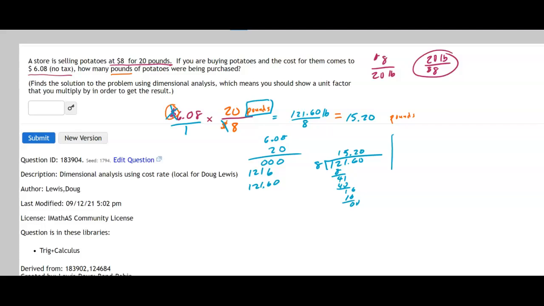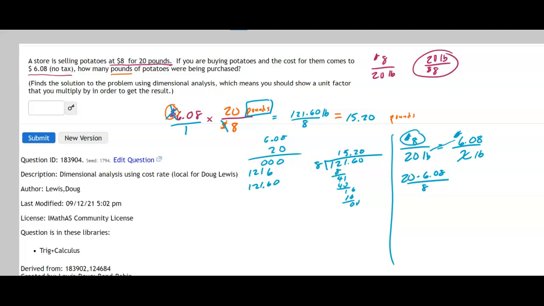Now, the proportion method of solving this would be to take $8 for 20 pounds, proportional to $6.08 for some unknown number of pounds, let's say X pounds. Then we cross multiply and divide. That's 20 times 6.08 over 8, which is exactly what we did here.